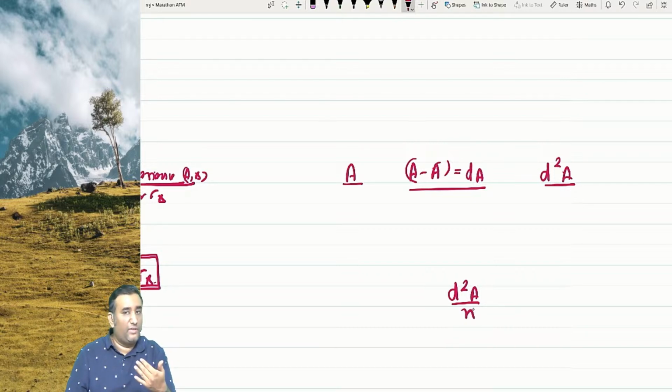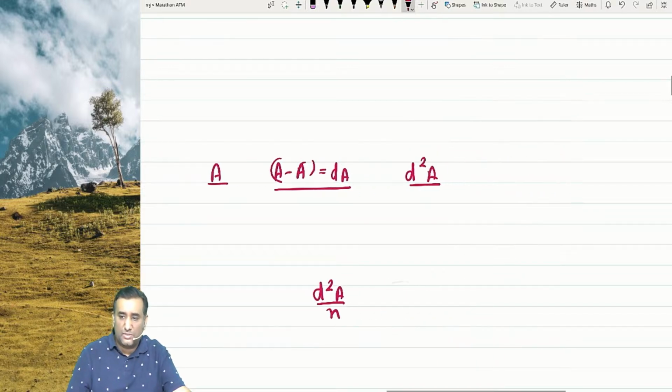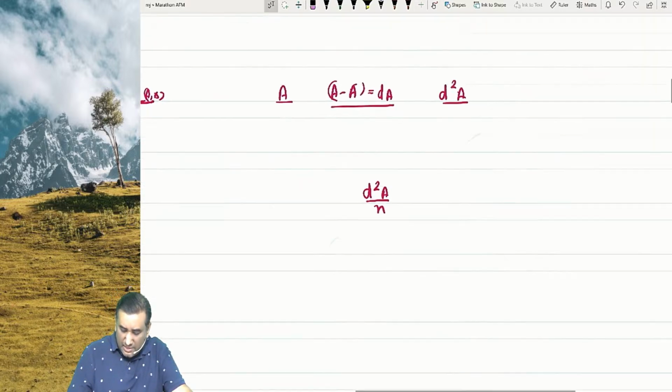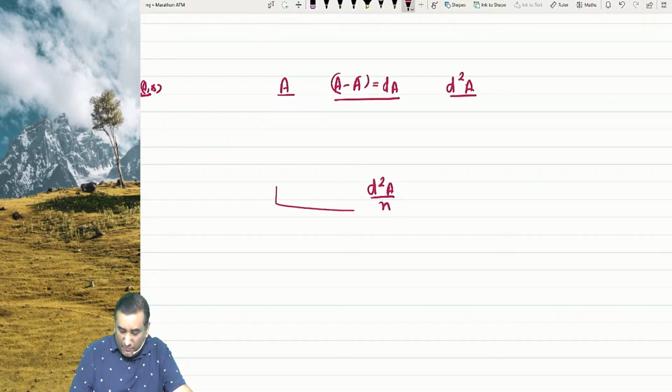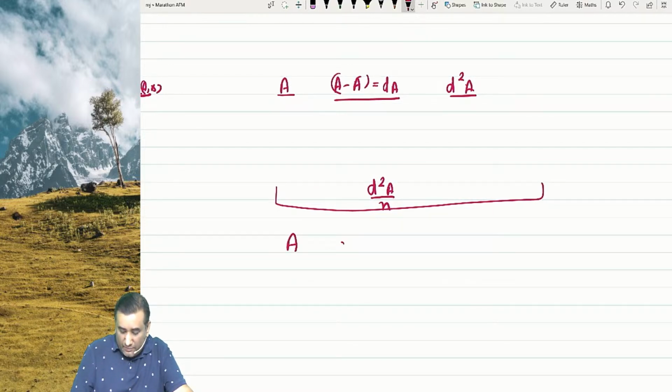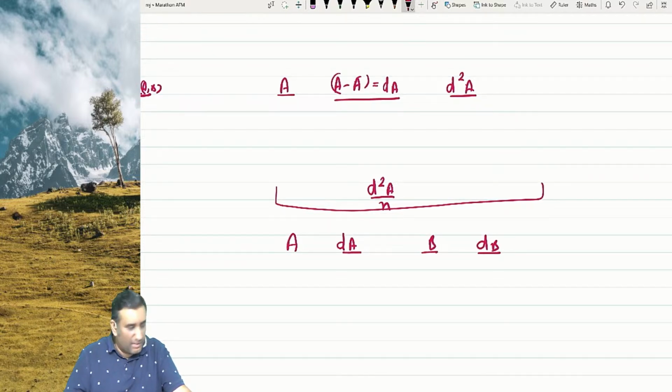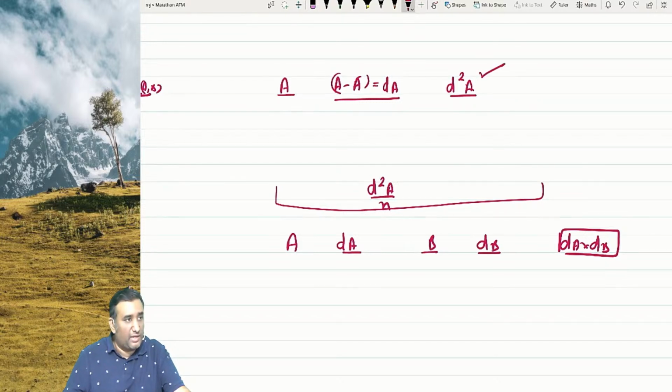Now instead of the variance, I am asking for covariance. So look at how you will calculate the covariance. Exactly using the same logic as the formula above, if one security is A, we calculate deviation of A. Another security is B. We calculate deviation of B. If I need to calculate the covariance, it would be dA into dB. When you multiply d square A and divide by N, you get the variance.